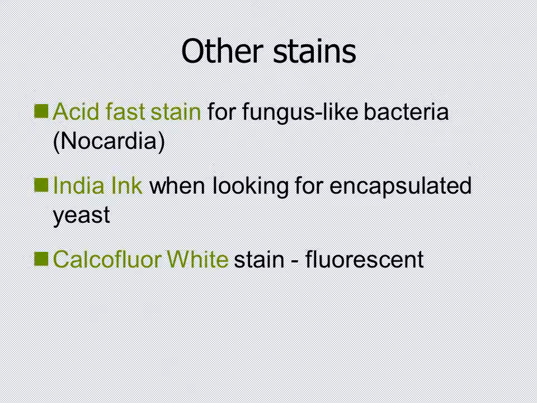Other stains that are routinely used, maybe a little less often than the previous ones, but other stains available for fungal examination: the acid fast stain, the India ink, and the calcifluor white. The acid fast stain, often associated with the mycobacterium bacteria. These are the ones that cause tuberculosis and some other illnesses. There's a fungus called nocardia.